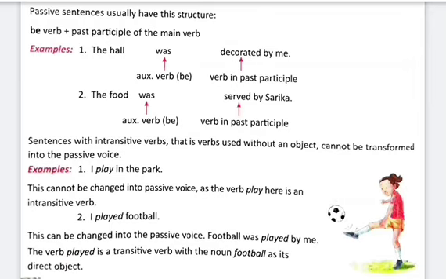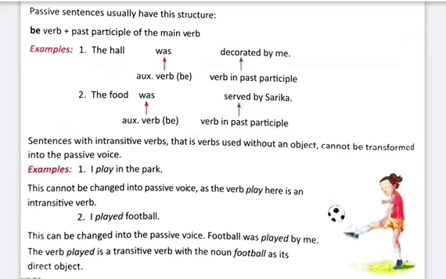Then the third form or past participle form of the main verb: decorate, decorated, decorated. So the hall was decorated. Then we have to add another word, that is by me. Now I will change I in passive to me. So the passive form of the sentence I decorated the hall is: The hall was decorated by me.